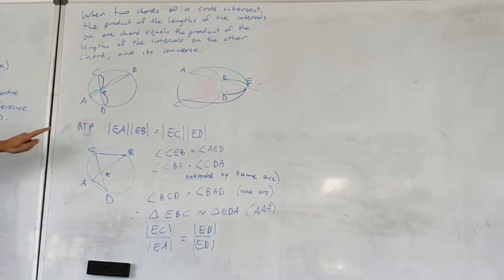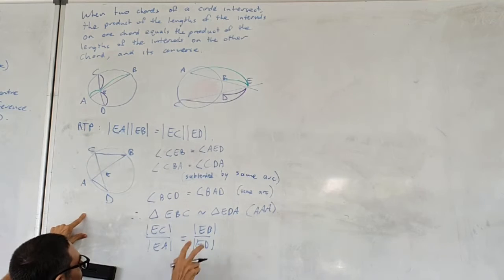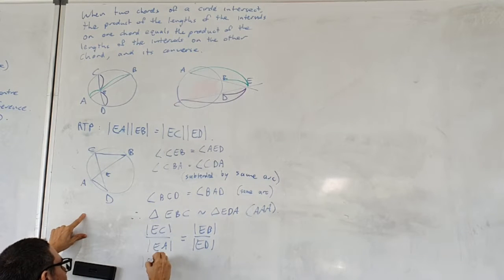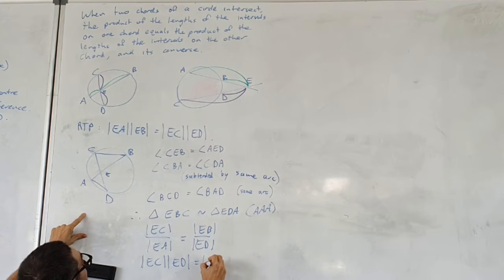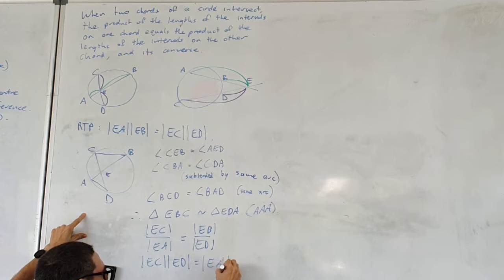Now cross multiply and you should get this. I'm going to get EC, ED has to equal EB, in the same order we had up there.